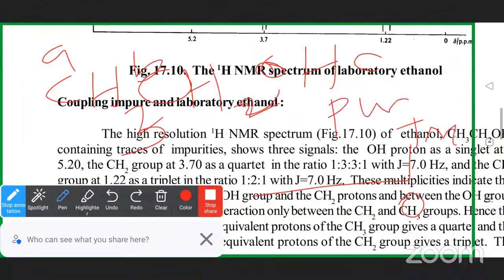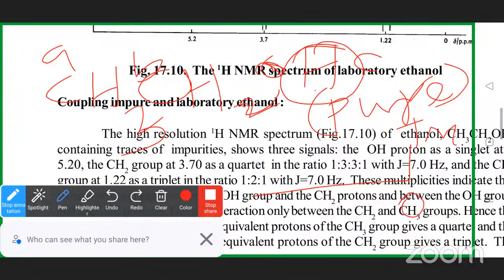In the pure alcohol, the OH proton is retained, and you can observe a signal for the OH proton also.